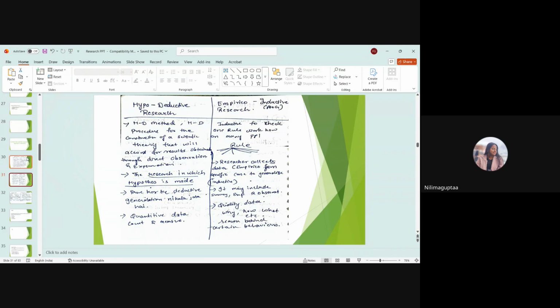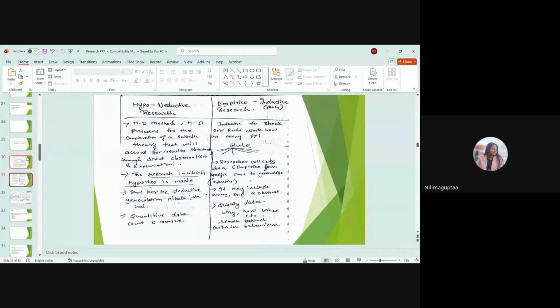For example, if in a class of 30 students I say every student knows how to play guitar, this is a general statement, and I go to the particular: Ram, who is a student in this class, also knows how to play guitar. That is the deductive way of interpreting something.